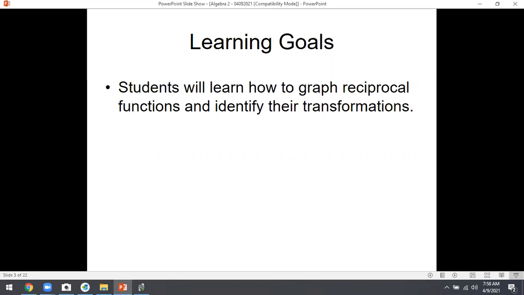Okay, LGs today. We're going to learn how to graph reciprocal functions. Sounds fancy. Basically, reciprocal is what it sounds like. It's a fraction. It's something flipped. The most basic function in math is f of x is x. Boring. So the most basic fraction you could take is taking x and flipping it.